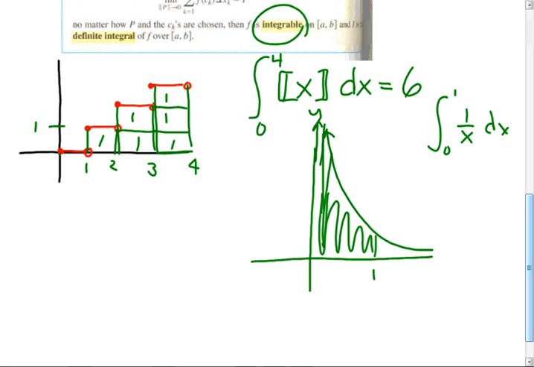Next year, we'll worry about it. Last class said, oh, I bet you have to take a limit. I said, yes, you do. But this one does not have an answer. It's infinite. But there are some that are not infinite. But that's BC Calc. So the deal is, to be able to integrate, you have to have a bounded function. It has to have a limiting value up here. You can't just go off to infinity. So you can't integrate over vertical asymptotes.